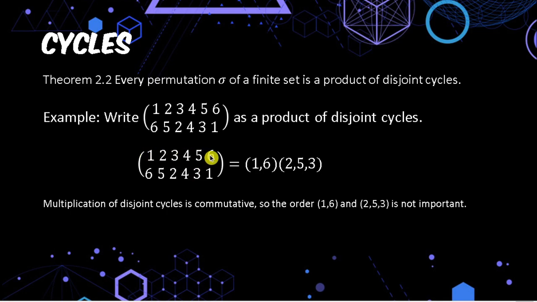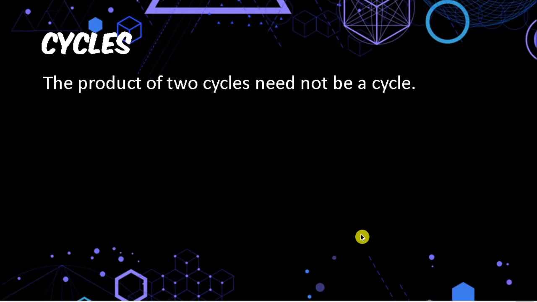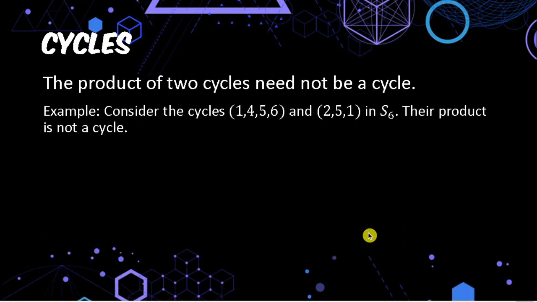Kasi yung nasa taas naman, naka-arrange na yan as 1, 2, 3, 4, 5, 6. The product of two cycles need not be a cycle. Tandaan din natin yun.